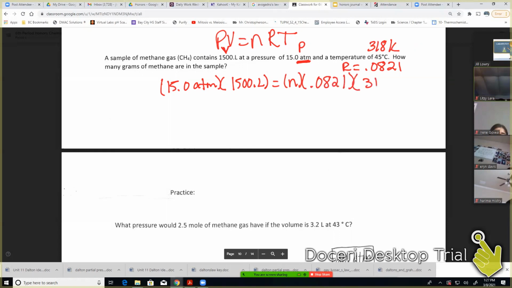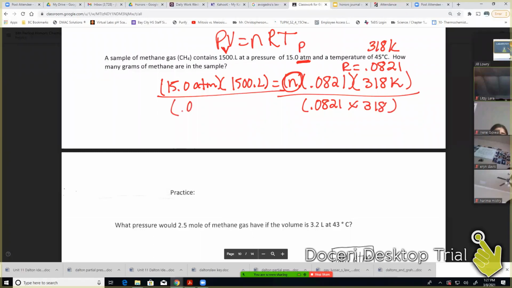And then my temperature is 318 K. I need N by itself, so I divide by 0.0821 times 318 on both sides. That cancels, and then this is what goes in my calculator.